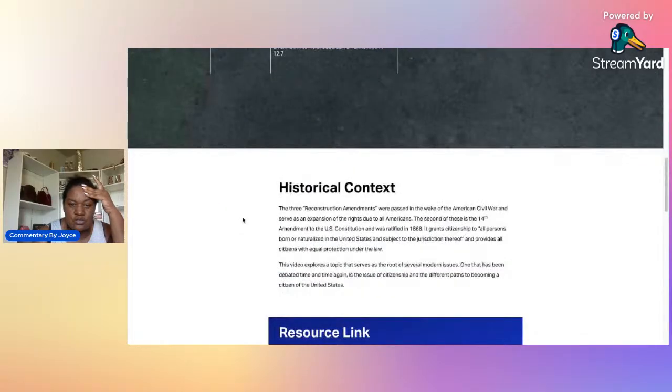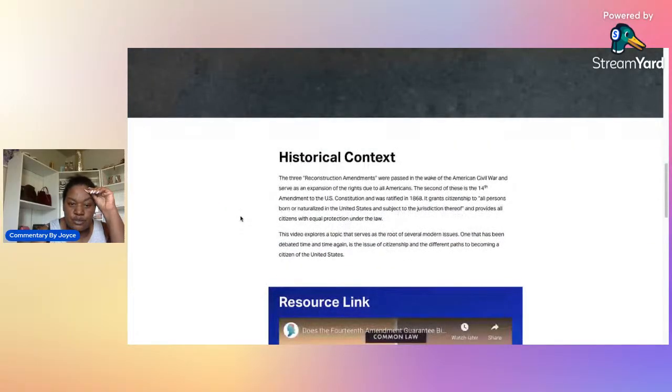So let's read the historical context. The 3 Reconstruction Amendments were passed in the wake of the American Civil War and serve as an expansion of rights to all Americans. The second of these is the 14th Amendment to the United States Constitution, which was ratified in 1868.